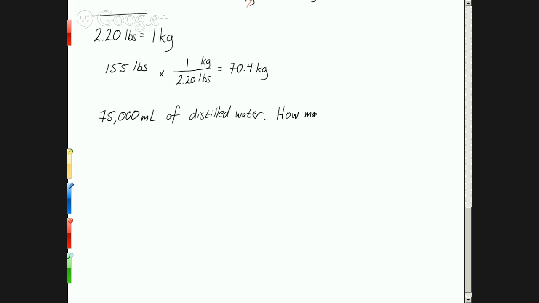So how many gallons do we need to get 75,000 milliliters? Well, we need some help. We can't quite solve this yet, because we need to know how many milliliters are in a gallon, or how many gallons are in a milliliter. That's not a common conversion factor. And let's say we can't find that one. So here's what we get instead. If I can find one.